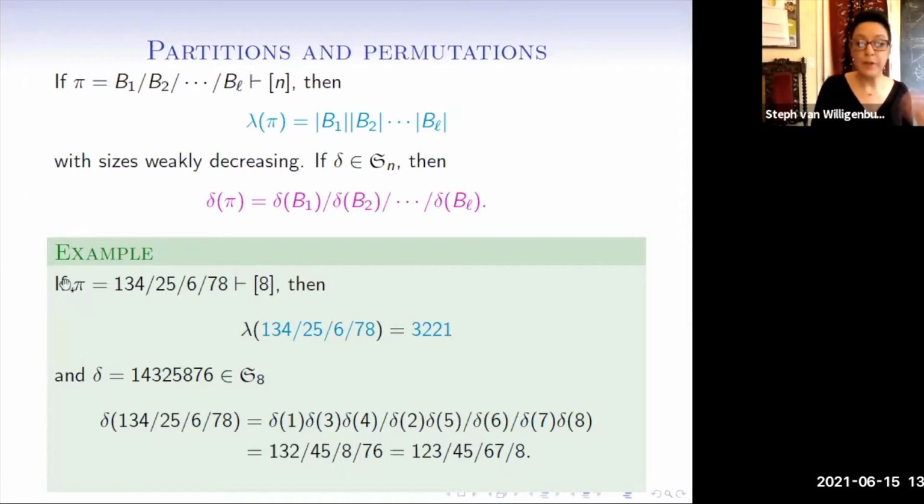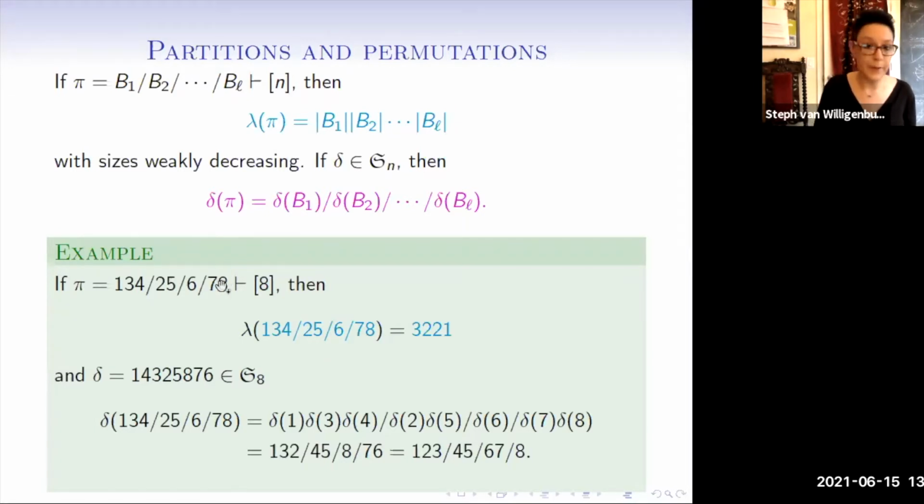And so, for example, if pi is 134 | 25 | 6 | 78 that we saw on the previous slide, then lambda of pi is going to be 3, 2, 2, 1.